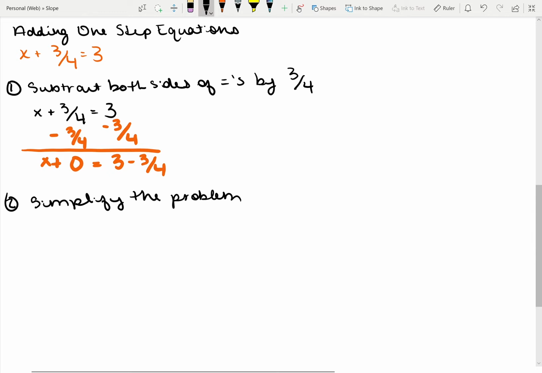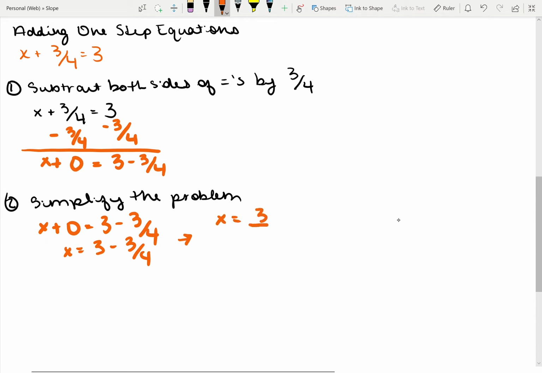So we have x plus 0 is equal to 3 minus 3/4. So if we simplify to the left, we have x plus 0, which is x, is equal to 3 minus 3/4.